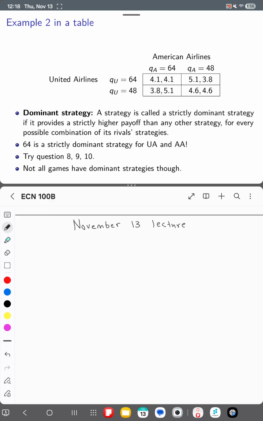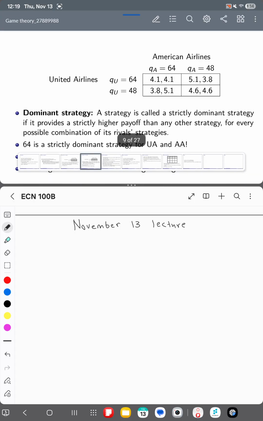The actions are how many thousands of passengers they fly every quarter. So that's 64 or 48,000 passengers. And I also need to tell you what the payoffs are for each possible action that each of the players can take. Those payoffs are described by the table. When you read the table, it tells you what payoffs arise at the intersection of each possible action. Those are the three pieces of information you need to describe a strategic scenario in the form of a game.